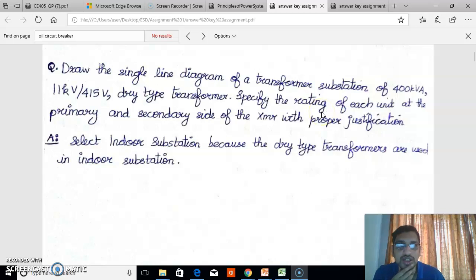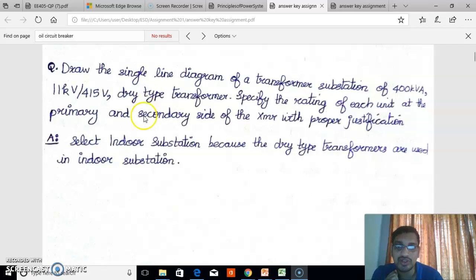In the question, the capacity of the transformer is given, that is 400 kVA. Then the voltage rating of primary and secondary is given: 11 kV for primary, 415 volt in secondary. And we also use a dry type transformer. Normally dry type transformers are used in indoor type substations.